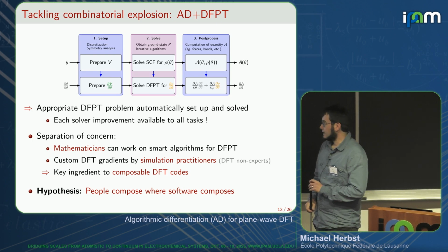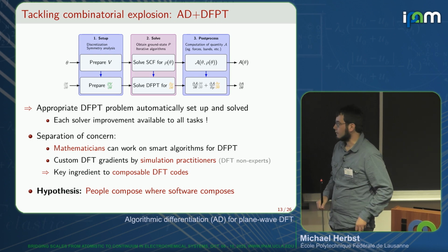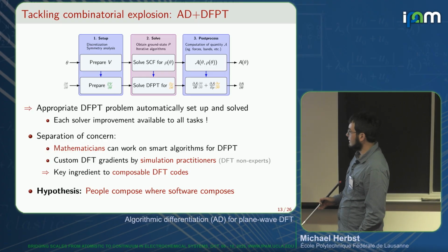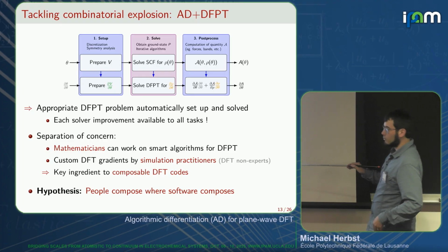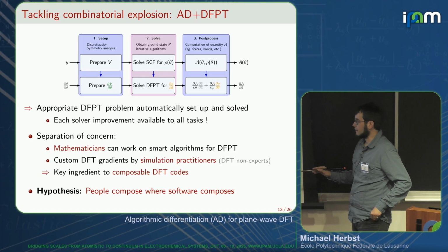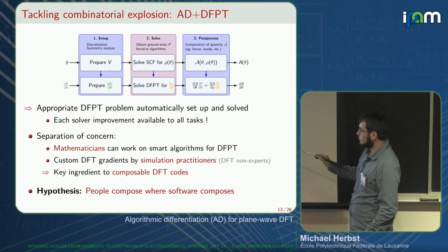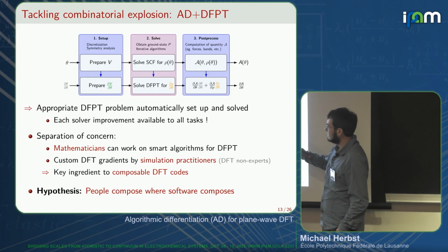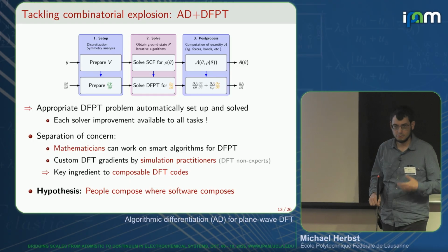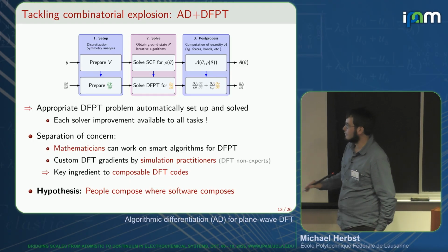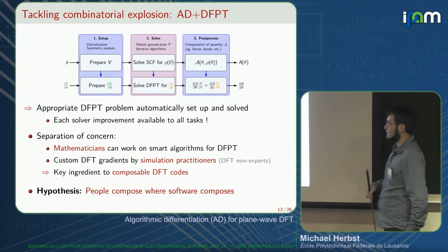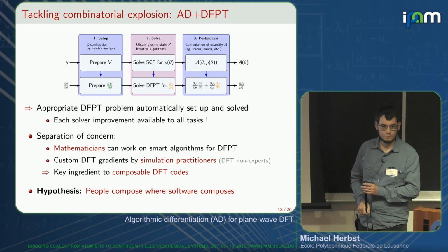Okay, now before I go into some hands-on examples, let me just mention that I think this is a bit more than what it sounds like at first, because it also helps you separate concerns, right? The computational difficulty comes in solving this DFT problem, and that's now a well-isolated box.